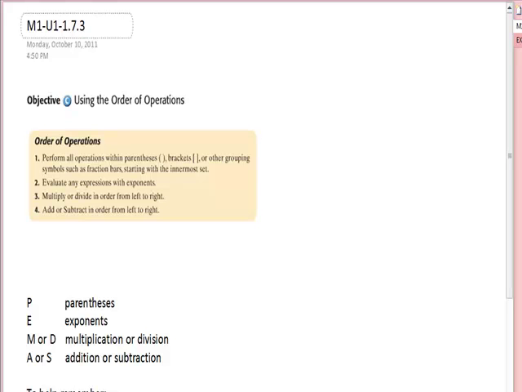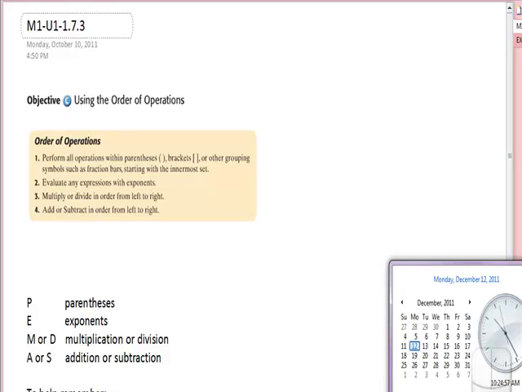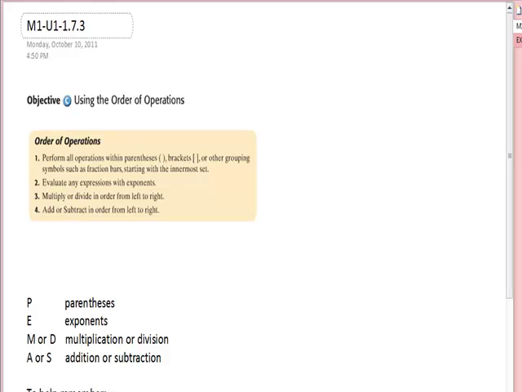All right, I want to pose a question. If you're taking good notes, you don't even need to write this down. But suppose I had 2 plus 3 times 5. Now there are two operations. There's addition and multiplication. Do I add those for 5 and then multiply for 25?